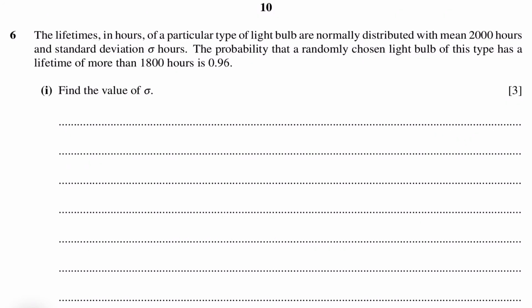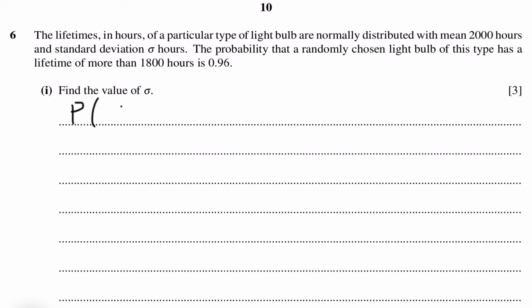The lifetimes in hours of a particular type of light bulb are normally distributed with mean 2000 hours and standard deviation of sigma hours. The probability that a randomly chosen light bulb of this type has a lifetime of more than 1,800 hours is 0.96. Find the value of sigma.